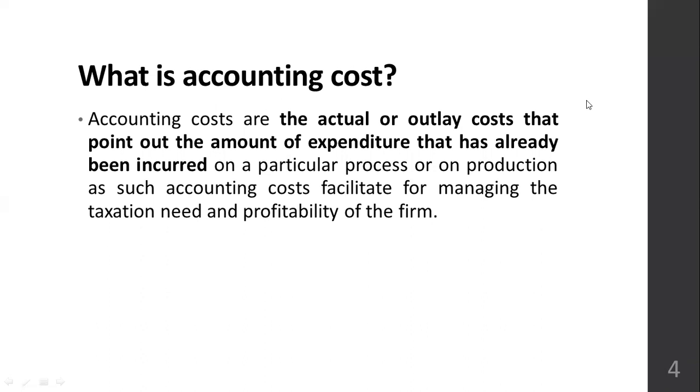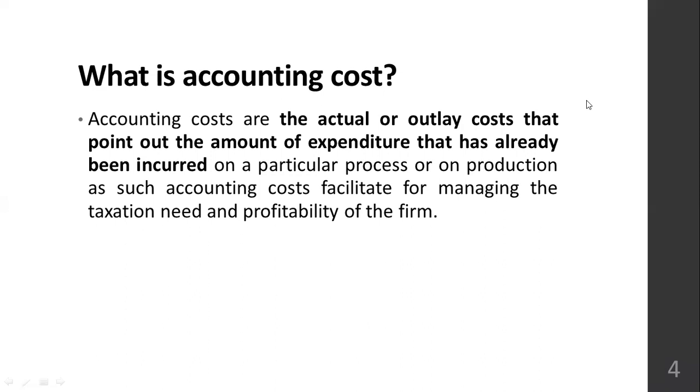So the money you have spent in lease, the lease amount is the accounting cost. You have given that money. The rent that you have paid, the money that you have paid in doing some renovation, interior designing of the clinic. These are accounting cost, expenditure that has taken place already.